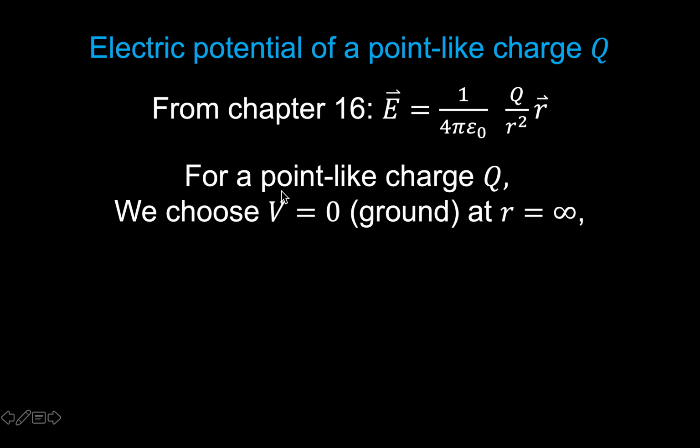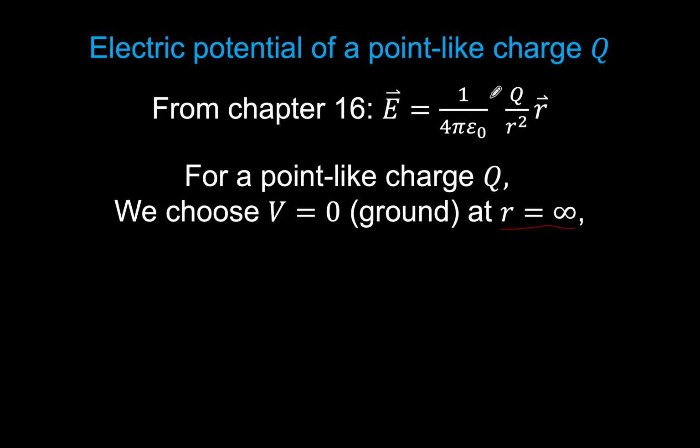Now we need to choose ground. We need to choose the place where the electric potential is going to be equal to 0. So for a point-like charge, we're going to choose that ground where electric potential and also where potential energy are equal to 0 at r equals infinity. That might seem like an odd choice, but if we look at the definition of the electric field here, because it's this inverse square law, we're only going to get zero electric field around this point charge Q as r approaches infinity.